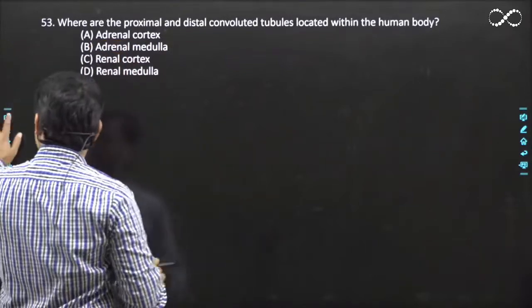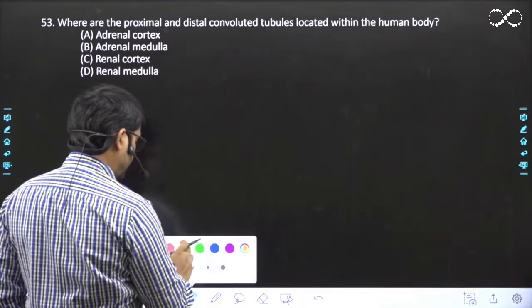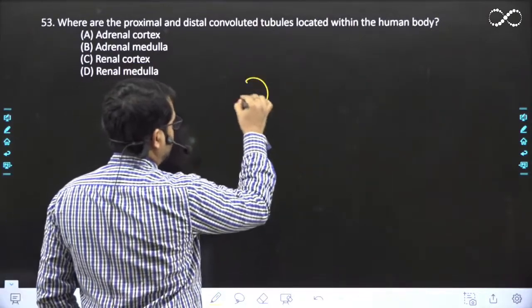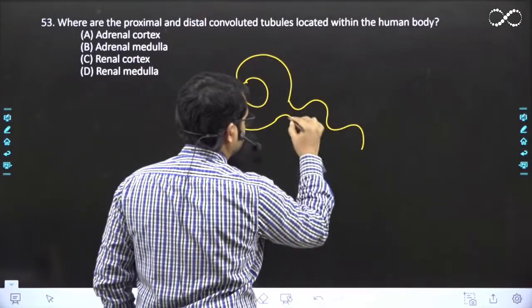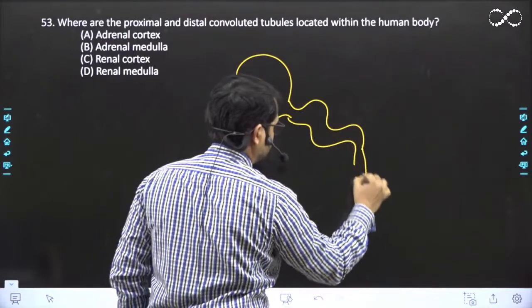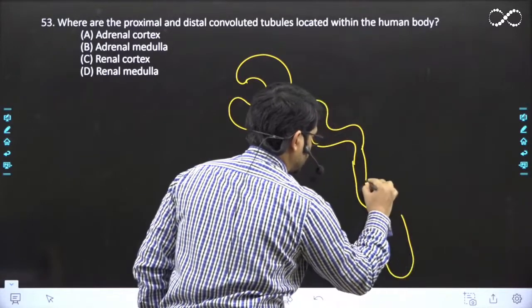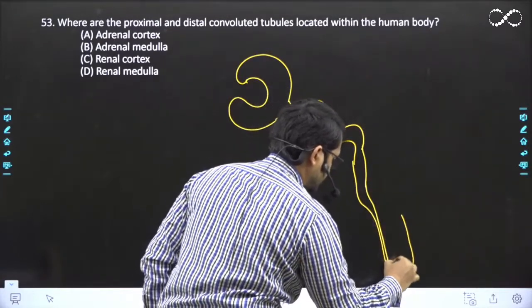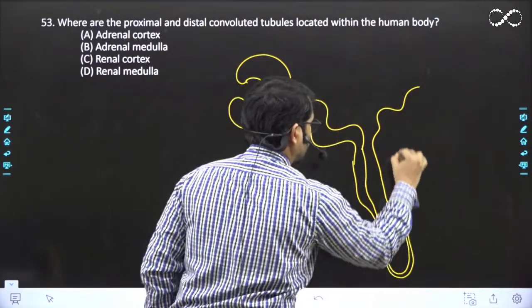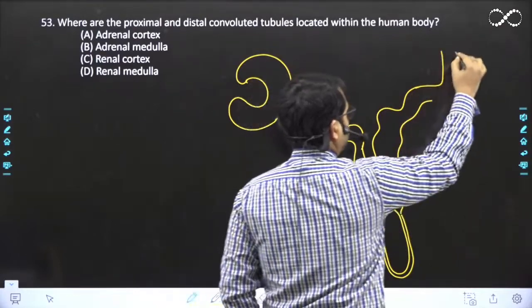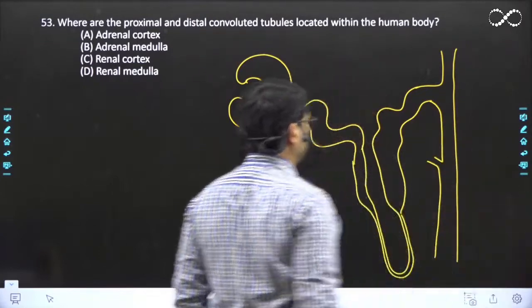See, if you look at the structure of the nephron, the nephron is something like this, correct? And it flows something like this, correct?